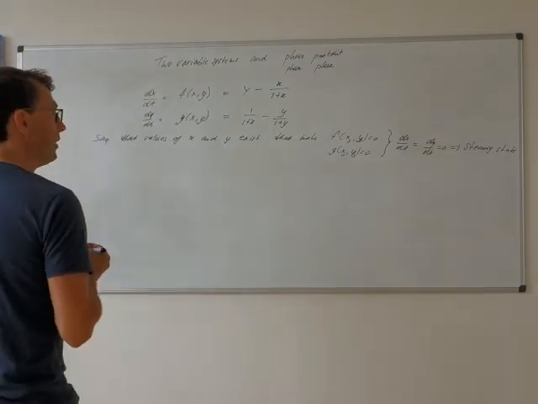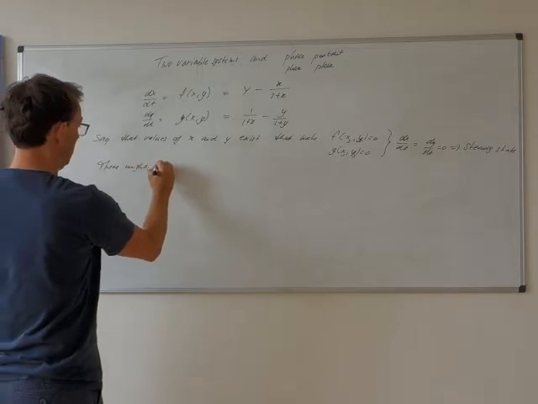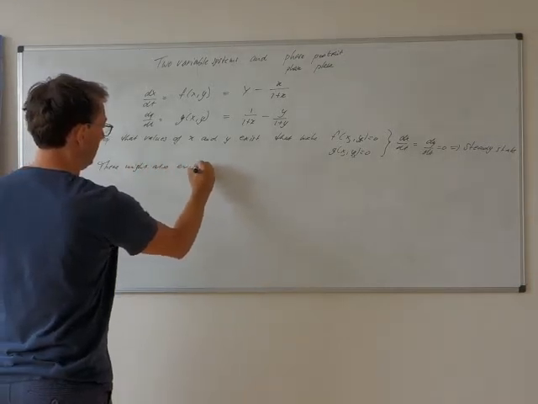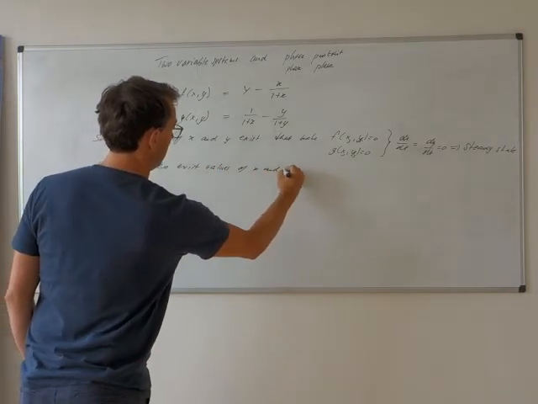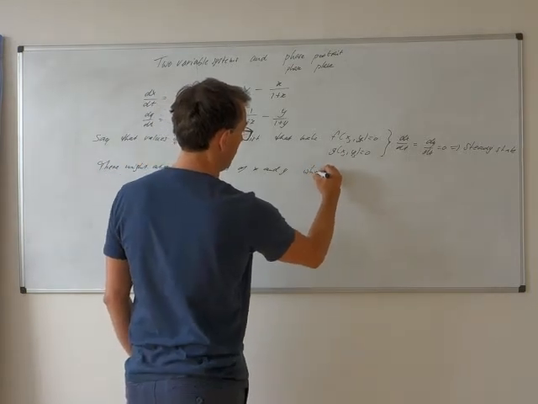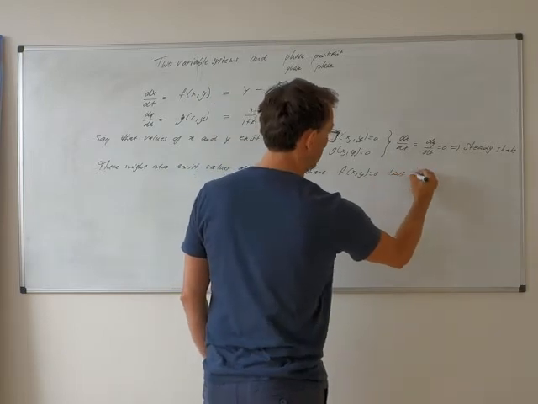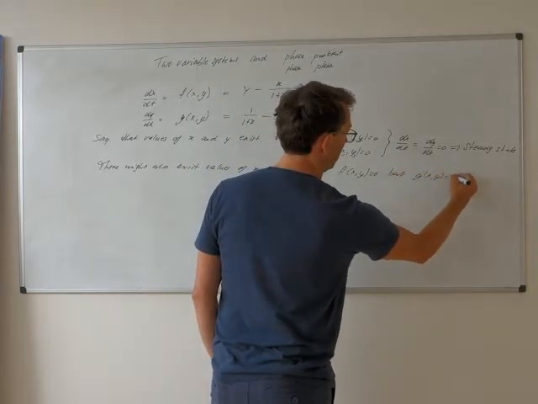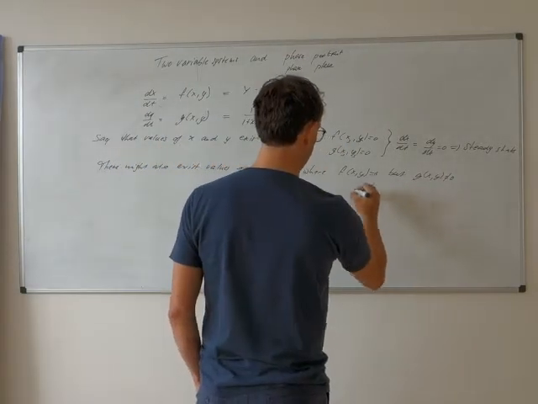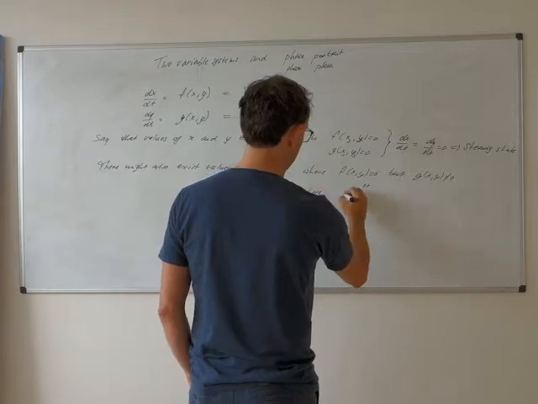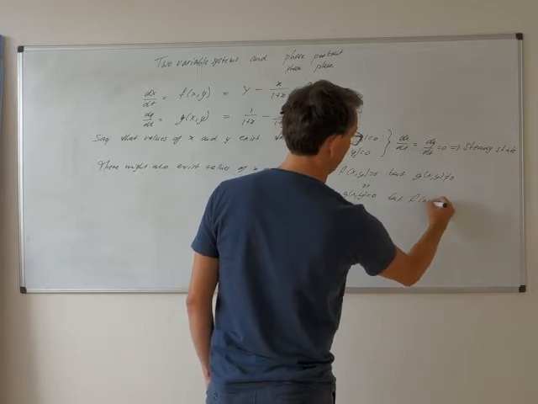But there might also be values of x and y where f(x,y) equals 0, but g is not 0. Or where g equals 0, but f does not.